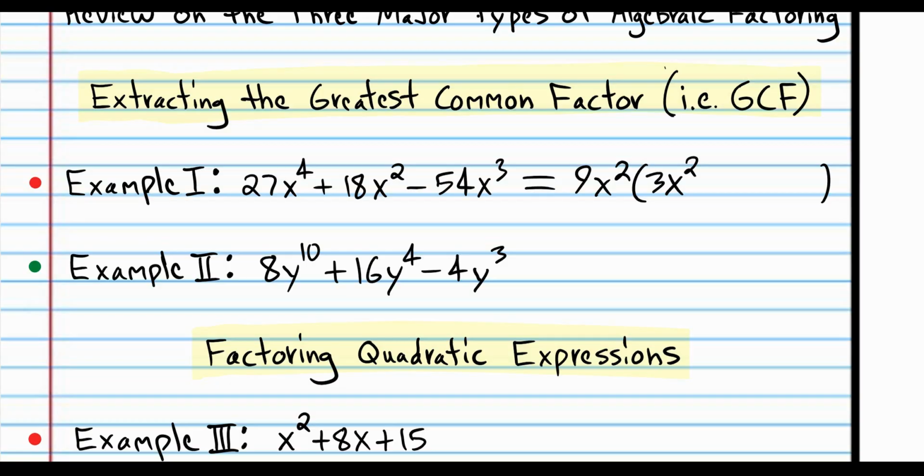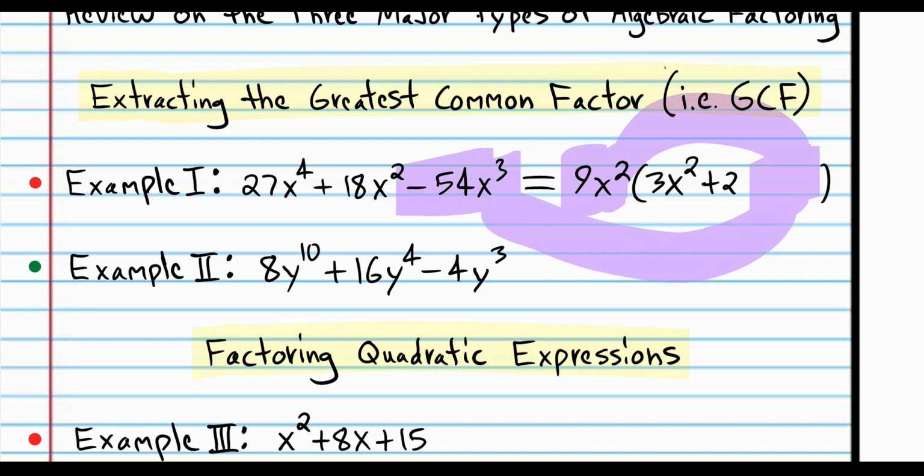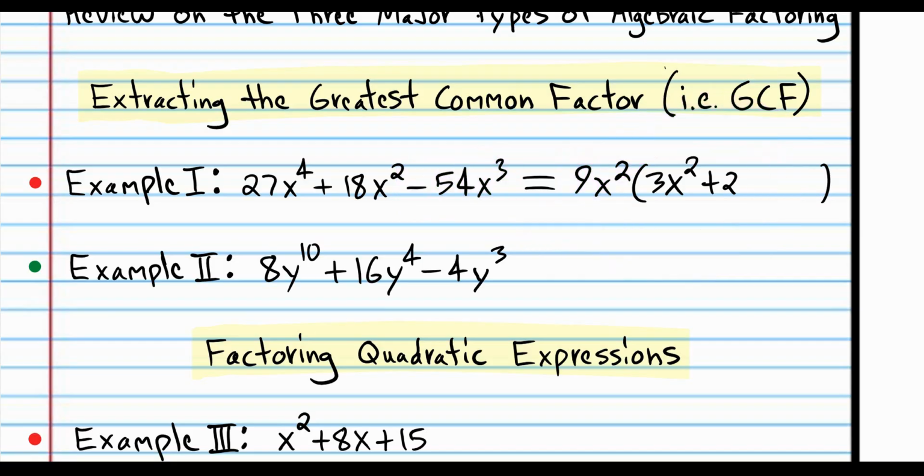All right, now 9x squared times what is equal to 18x squared? If you said 2, you're correct. 9x squared times what is equal to negative 54x cubed? If you said negative 6x, you're correct.